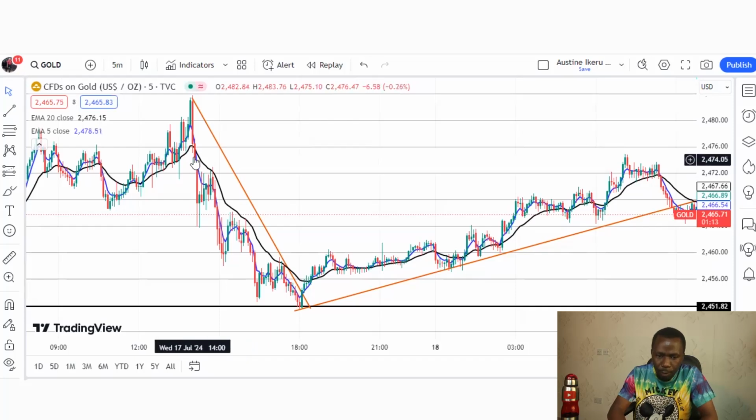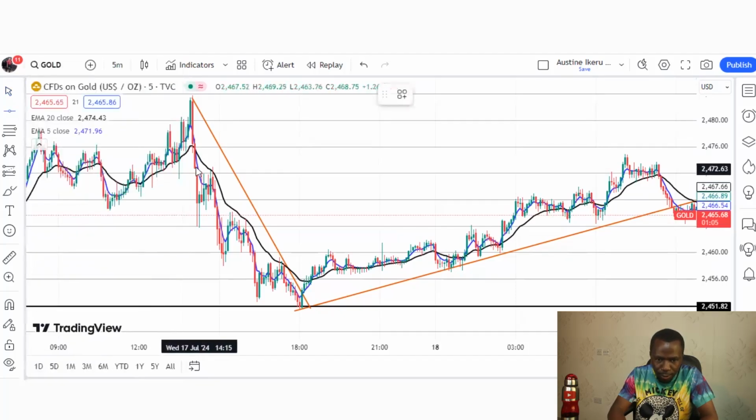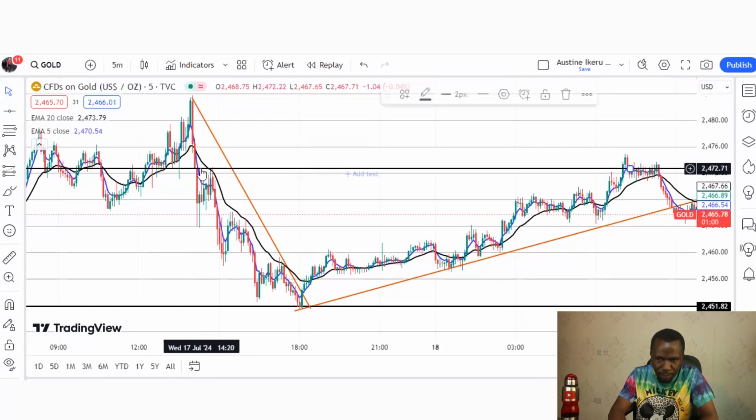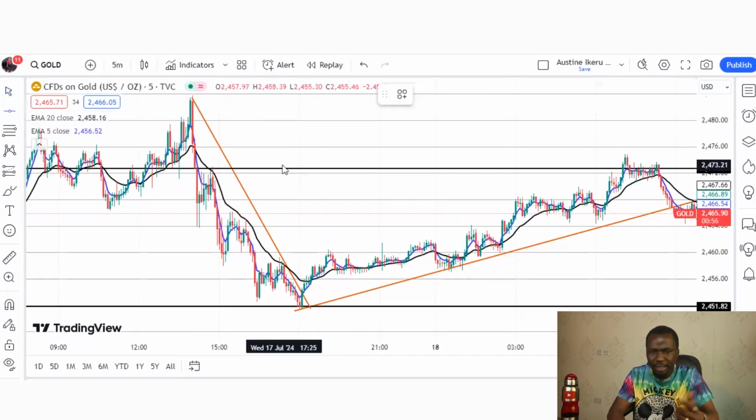So what we'll do is we'll wait for this red candle to close, and once this red candle closes, we simply enter our sell trade at the close. So our sell trade will be somewhere here. Then we cannot place, let's say, 20 pips or 30 pips as our stop loss.